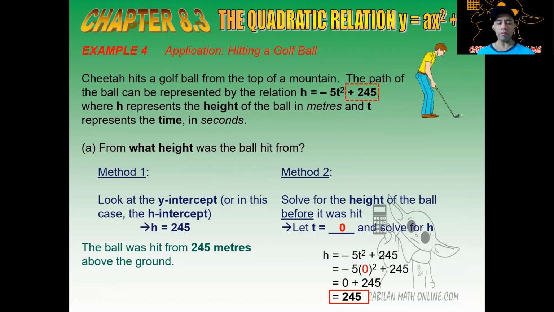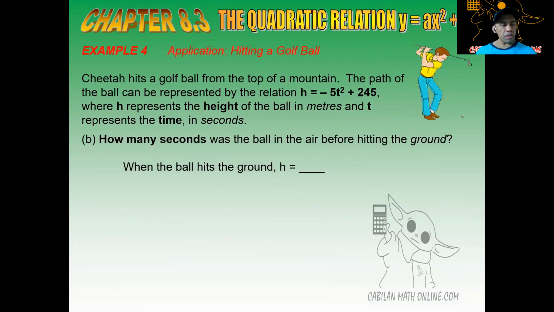All right. The next one's going to be a little bit hard to grasp at first, but just think about the object for a moment. In this question, it says, how many seconds was the ball in the air before hitting the ground? Remember there are two letters here, H and T, and we need to know something about an object that hits the ground. Every object that goes up must come down.